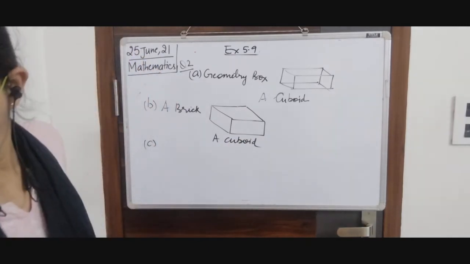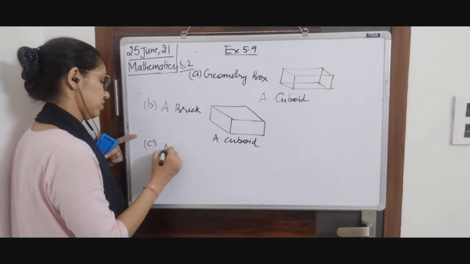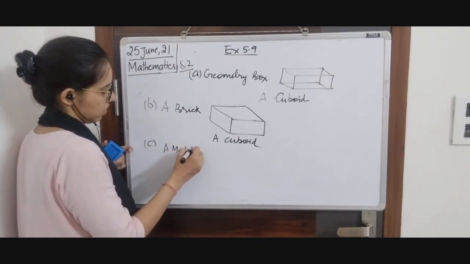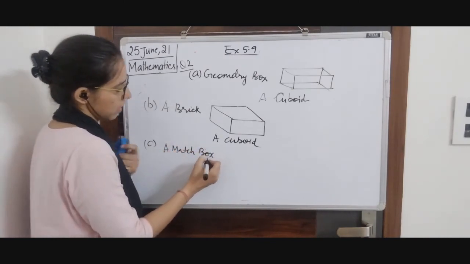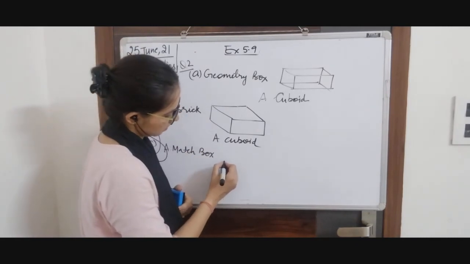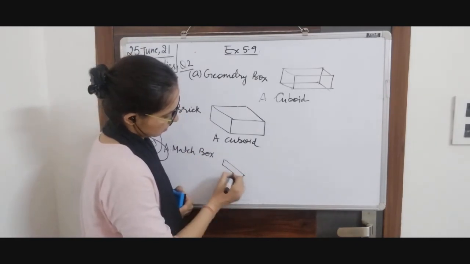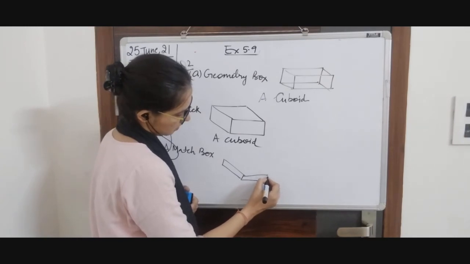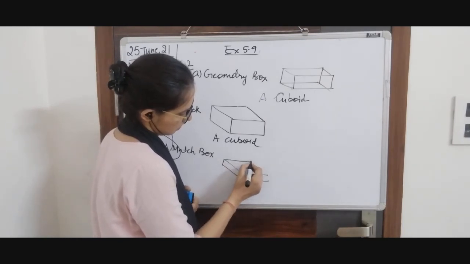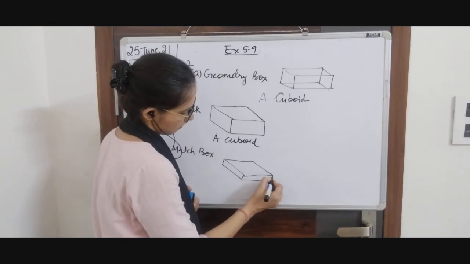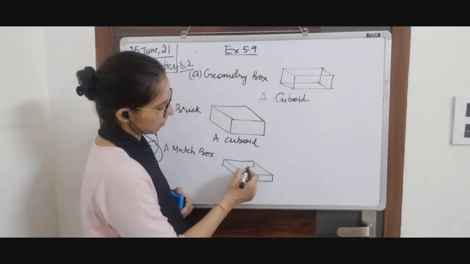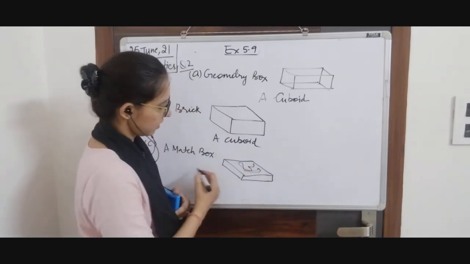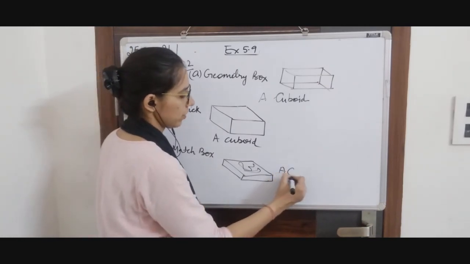C, we have a matchbox. A matchbox is something like this. Something is written here. Okay, and this is again a cuboid.